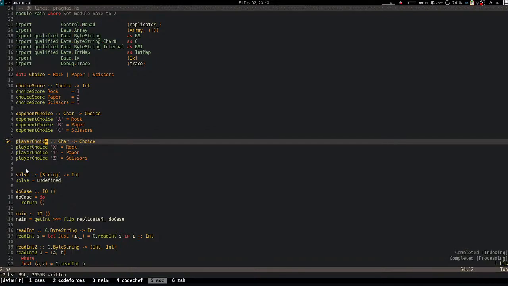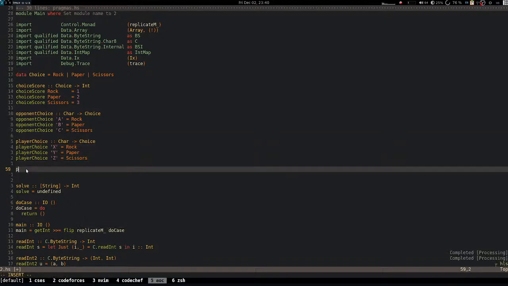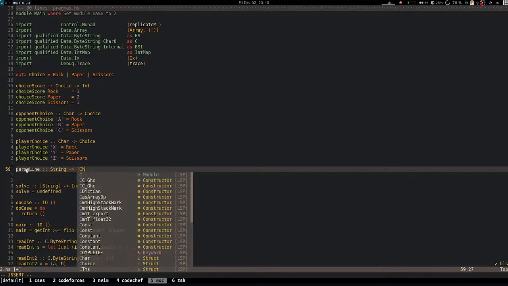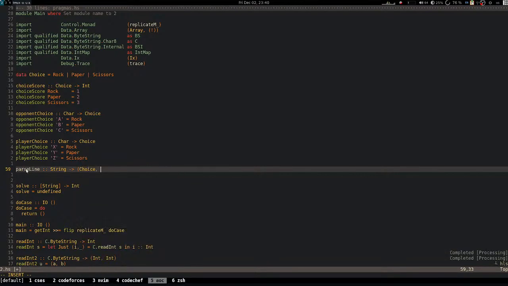Now we have our opponent choice and our player choice, and we just have to parse the line. Parse line takes a string and returns a pair of choices.